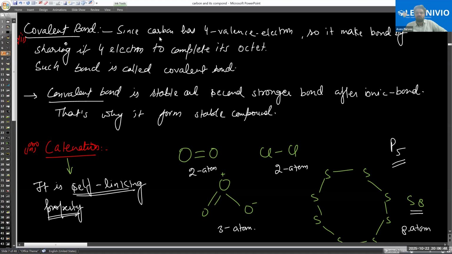Carbon is the only element with tetravalency along with small size that makes covalent bonds. Because of these special characteristics, carbon shows catenation to the maximum extent.